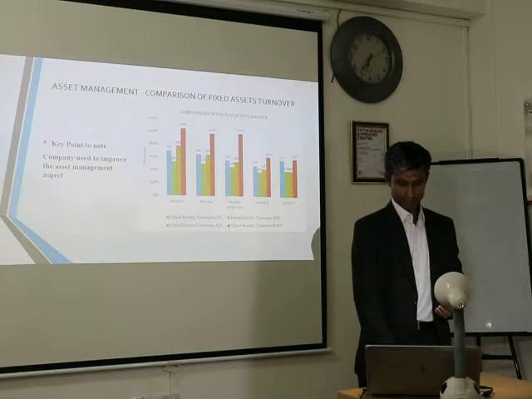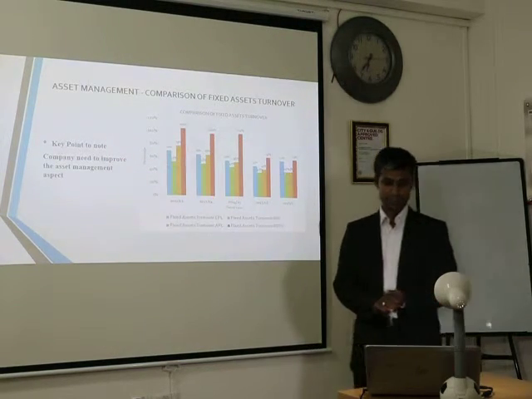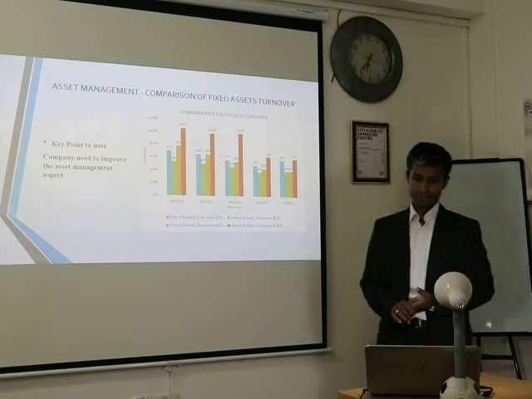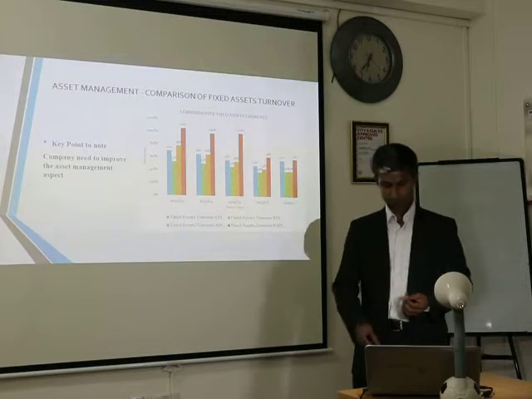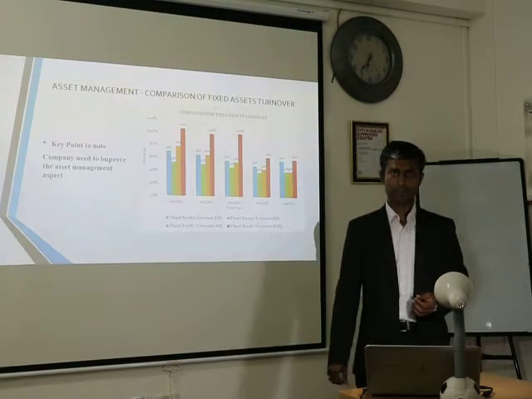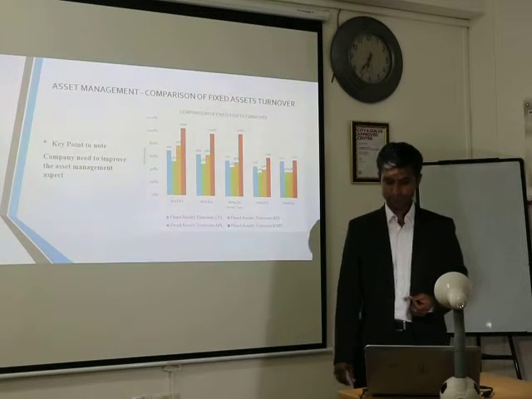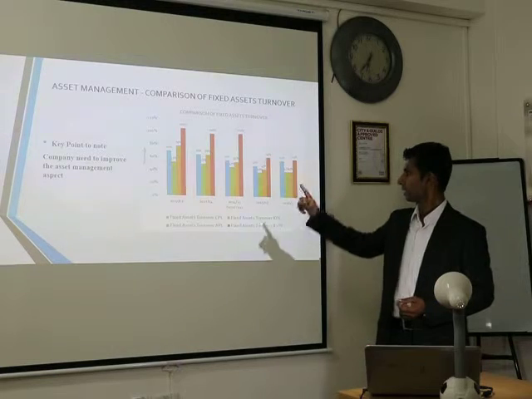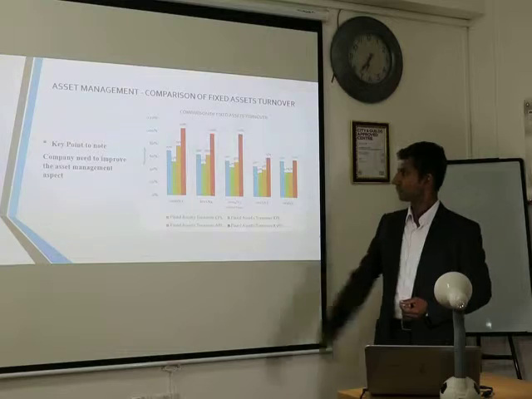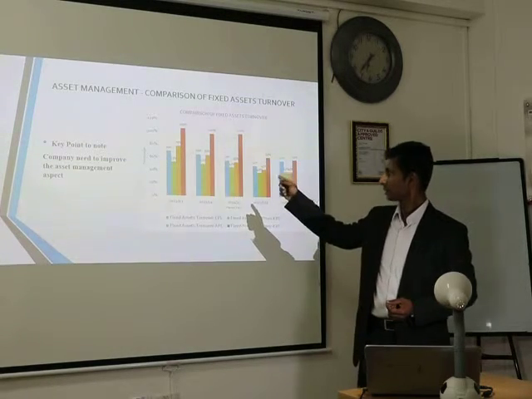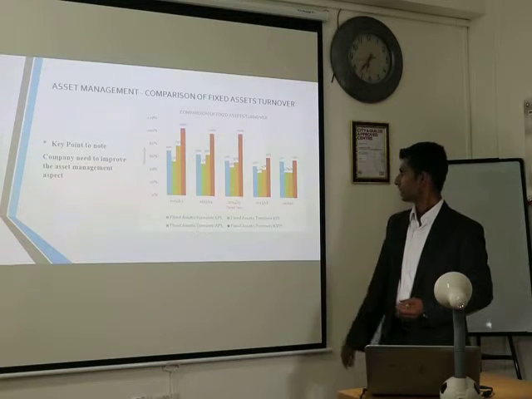So when we move ahead with the next important area, analytical tools, the asset management ratios, basically the fixed assets turnover and the total assets turnover, these are the important indicators. Looking at the fixed assets turnover in LPT Plantations compared to other competitors in the industry, LPT Plantations started 5 years back at 70% and ended at 61%.